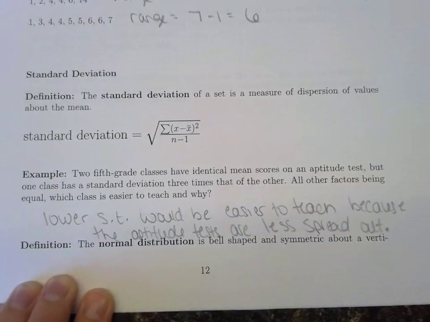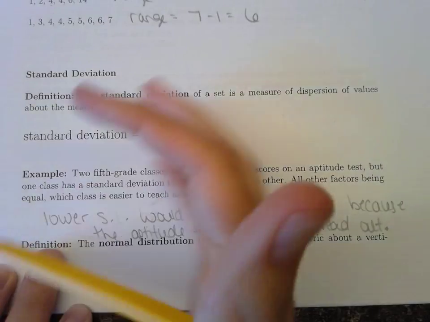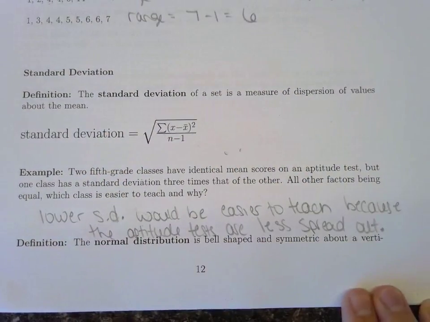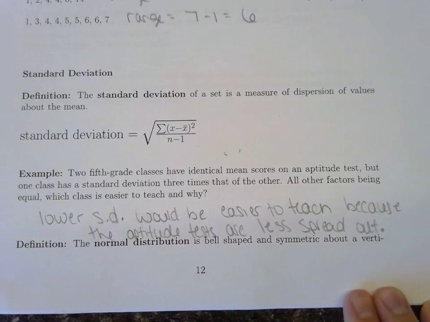So the lower standard deviation is going to be easier to teach because the aptitude tests have less spread. Remember, the standard deviation is a measure of spread here. That means the standard deviation is going to be pretty close to the mean, meaning all of these students are going to be about the same aptitude. So they're going to be around the mean.